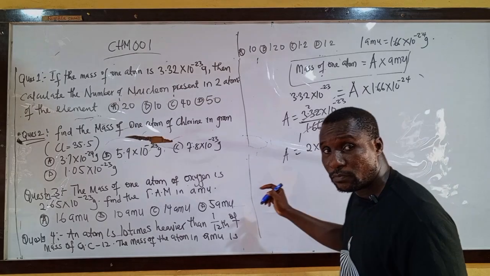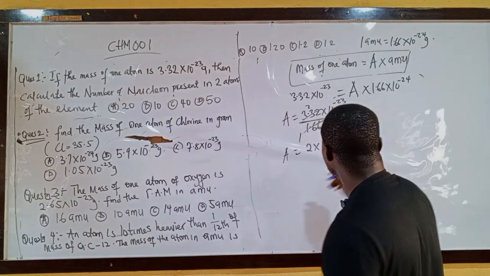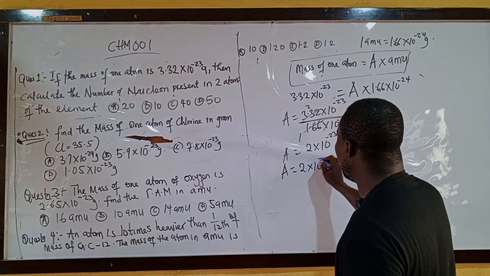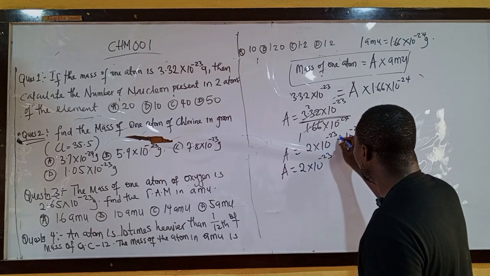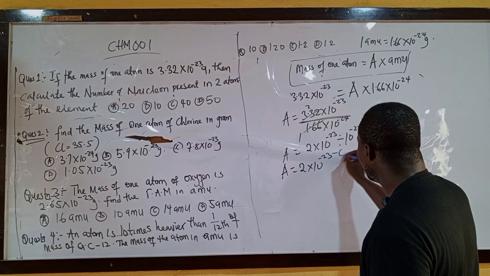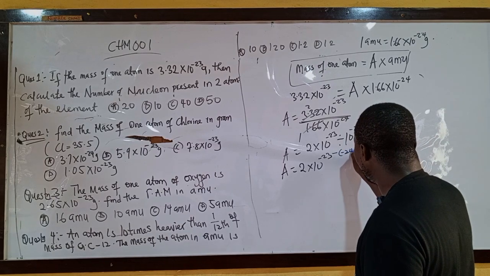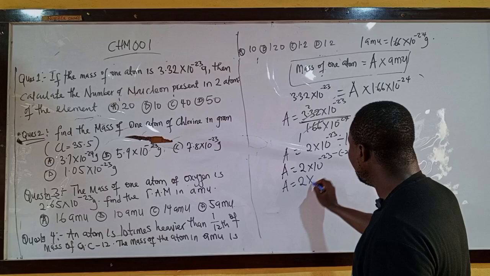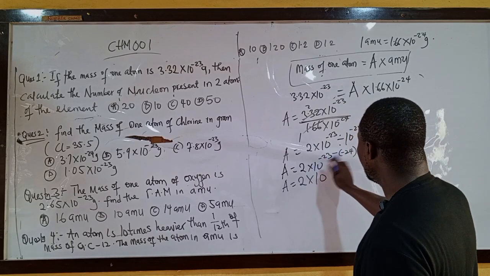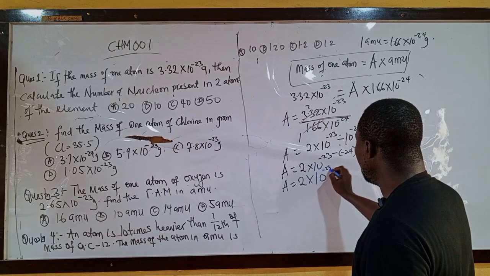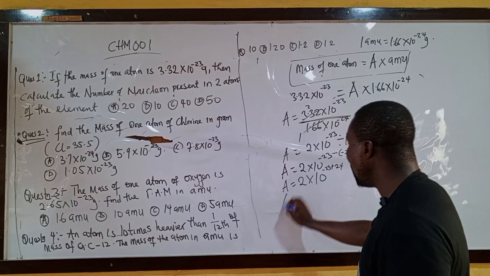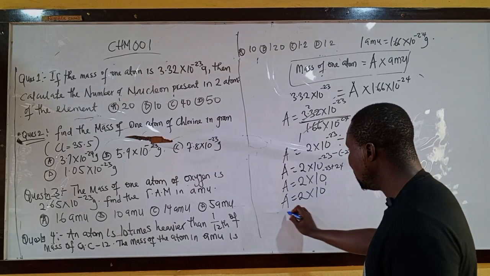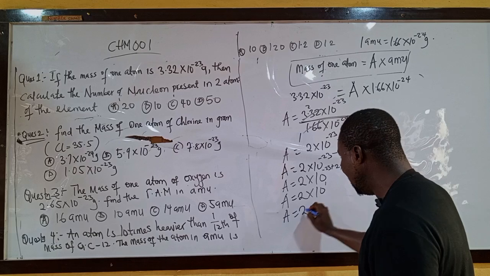Division, we subtract the powers, so A equals 2 times 10 raised to the power minus 23 plus 24. A equals 2 times 10 to the power 1. Therefore, A is 20.